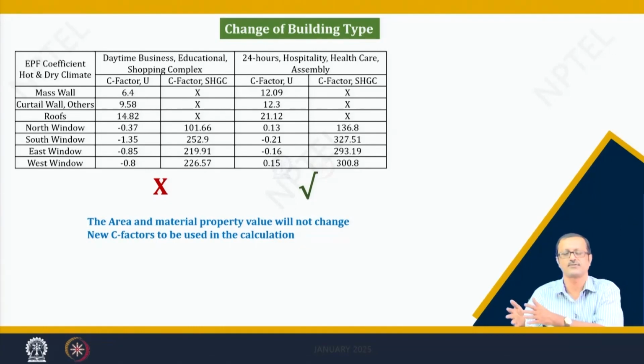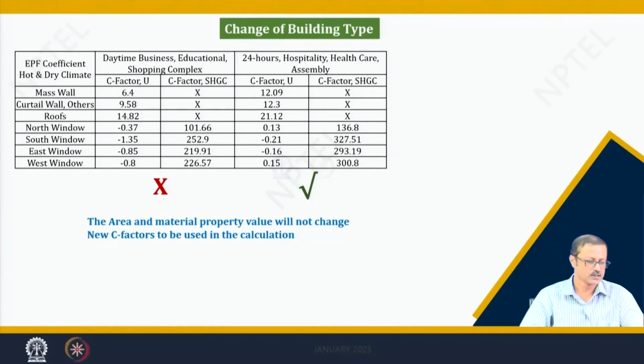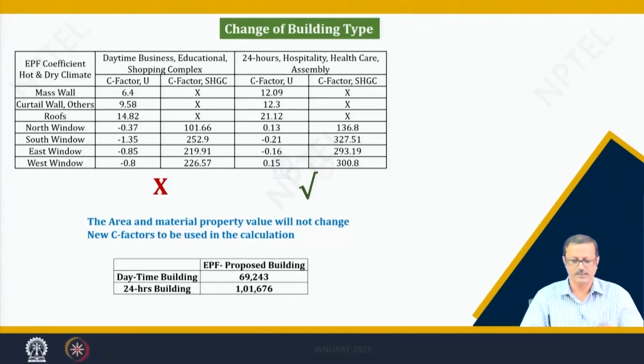The third and fourth columns are for the 24 hour building. I computed daytime and what we got is 69,000. If the location, building and envelope area are the same, but it is a 24 hour building, your EPF of the proposed building will now shoot up to 1,01,676. So, these are EPF points or EPF factors.